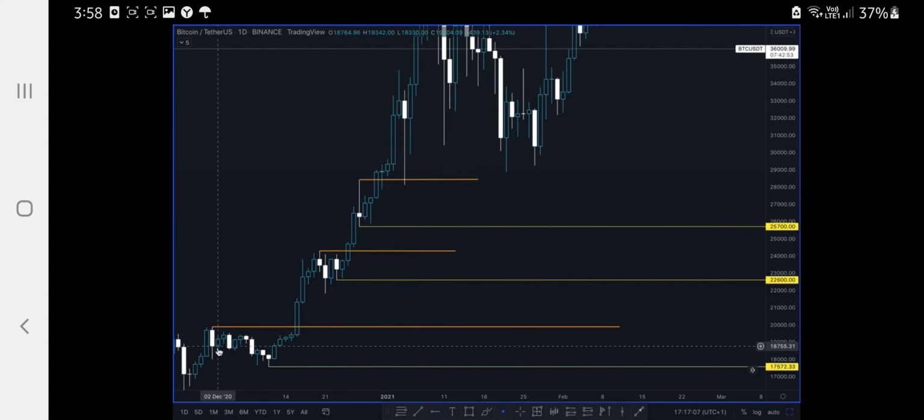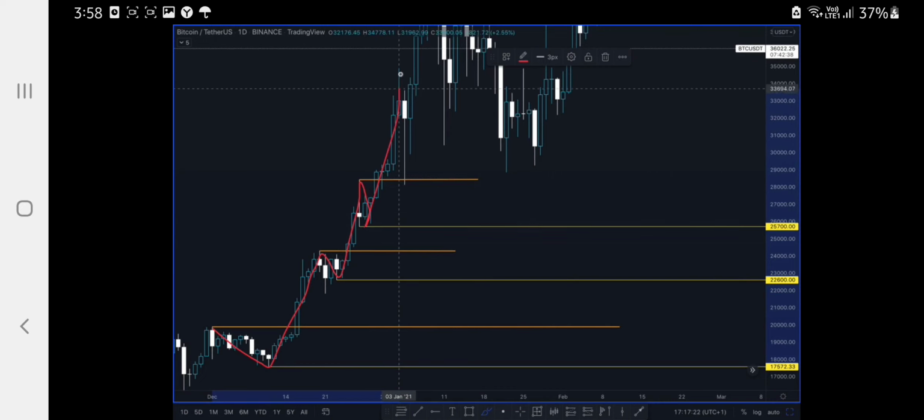So what you're doing here as you go along is you're tracking an uptrend. So if I now just take my marker tool and draw between these, let's go all the way up to there.